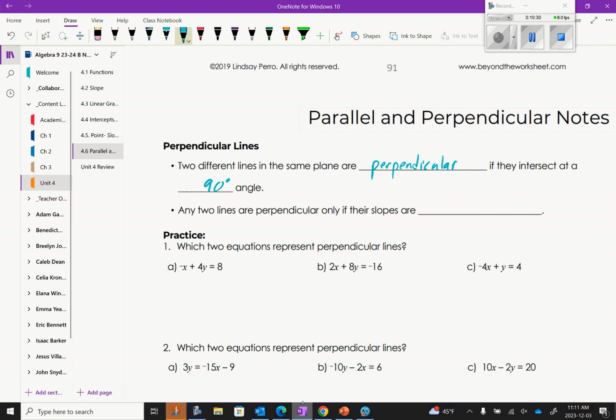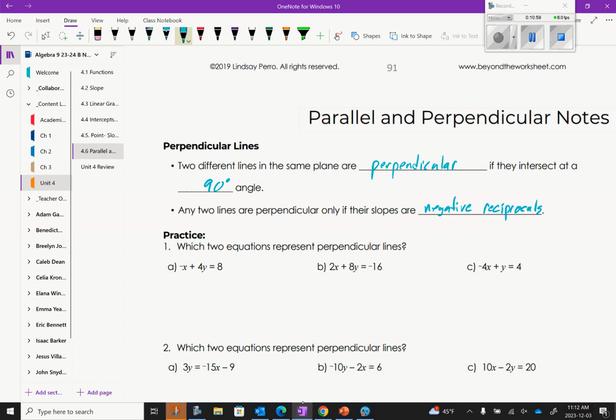Any two lines are perpendicular if and only if their slopes are negative reciprocals. They have to have opposite signs, and they have to be flipped upside down.